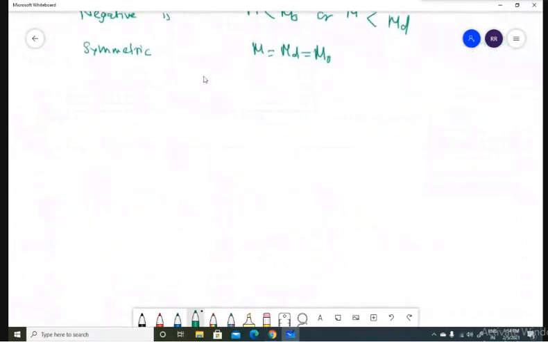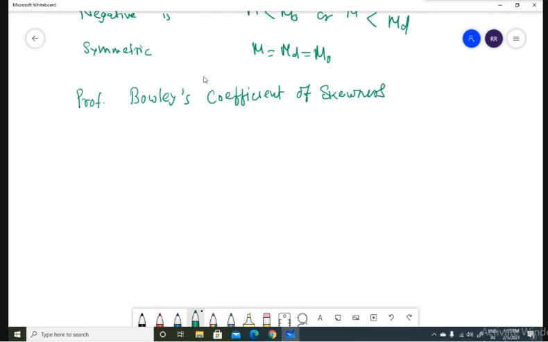The next coefficient of skewness is Professor Bowley's coefficient of skewness, and we can define it as SK is equal to Q3 plus Q1 minus 2 median divided by Q3 minus Q1.